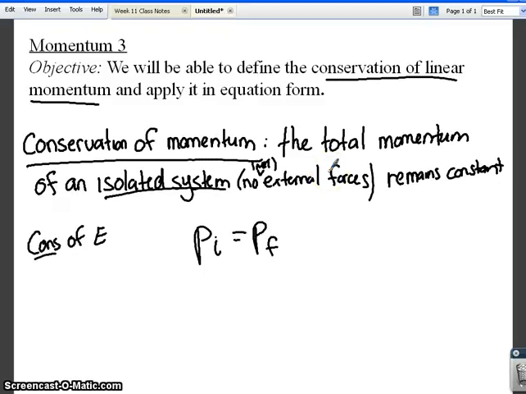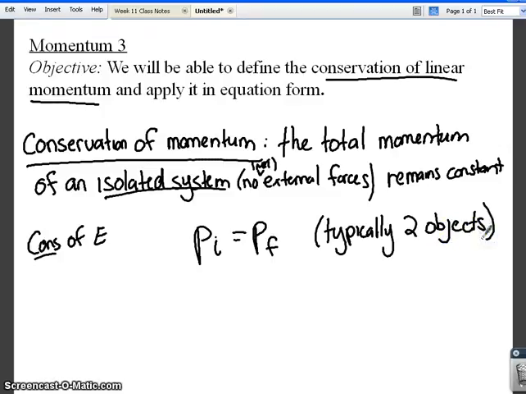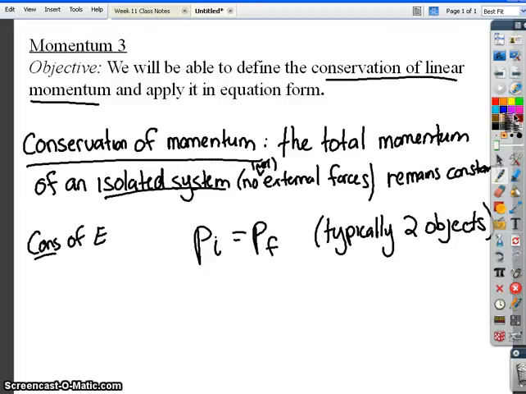on the system. Okay? So when it comes to this, we very typically are always going to be dealing with two objects. Two objects are going to be coming together or moving apart in some sort of way. So we have initial momentum and final momentum.